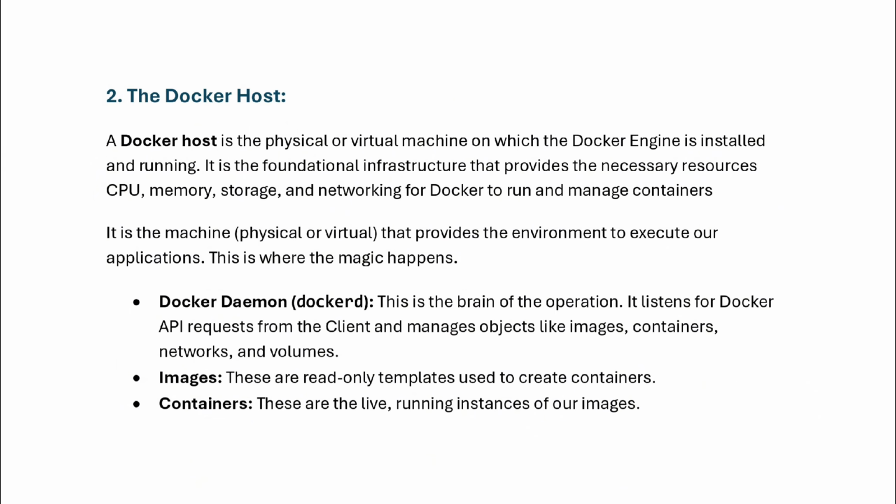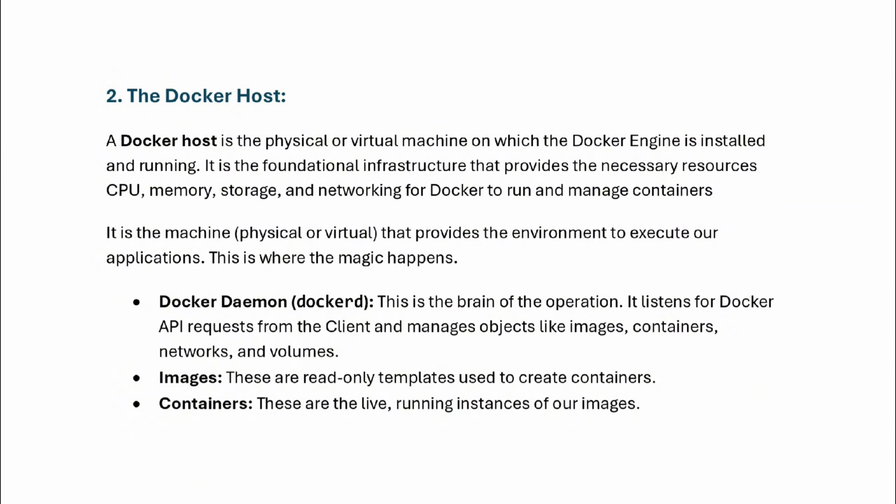The Docker host. A Docker host is a physical or virtual machine on which Docker Engine is installed and running. It is the foundational infrastructure that provides the necessary resources, CPU, memory, storage, and networking, for Docker to run and manage containers. In short, it is the machine, physical or virtual, that provides the environment to execute our applications.